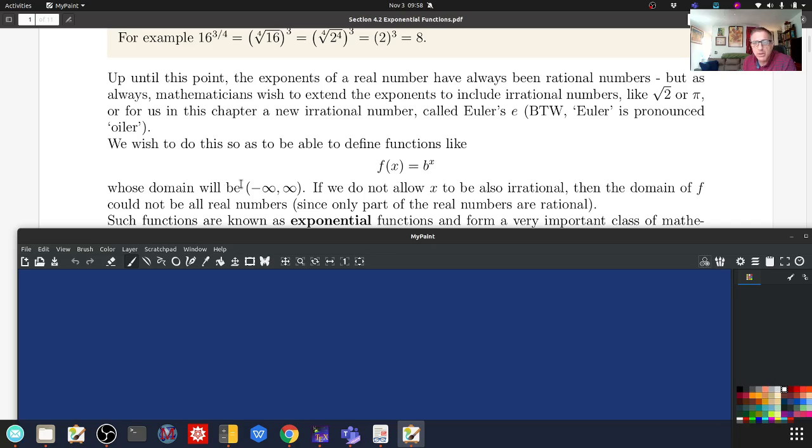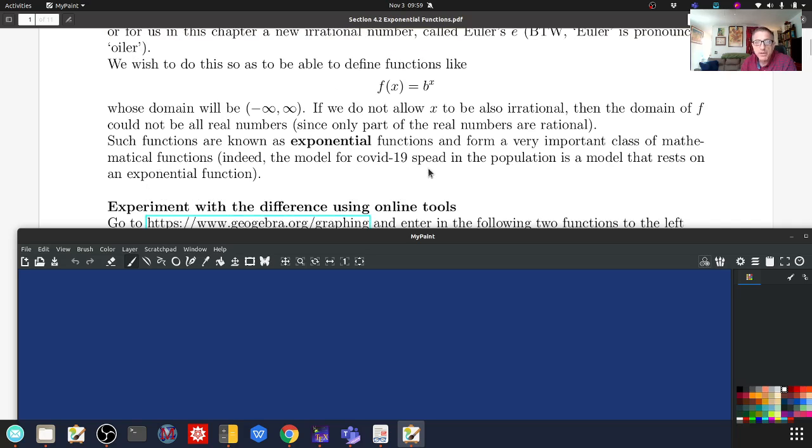So if its domain is minus infinity to infinity, we also have to allow x to be irrational, because the real numbers contain more than just rational numbers. Functions of this form, f of x equals b to the x, are called exponential functions. And they form a very important class of mathematical functions.